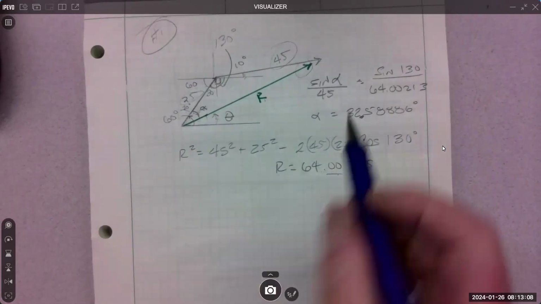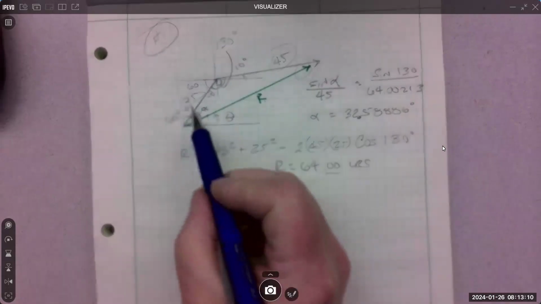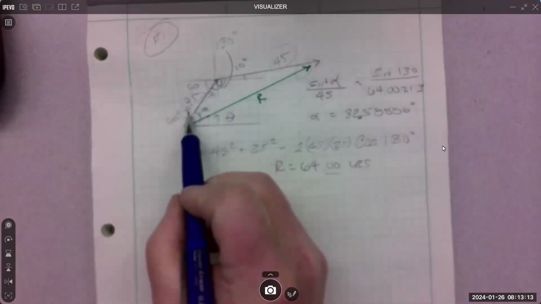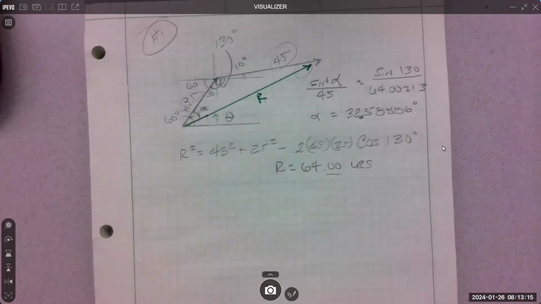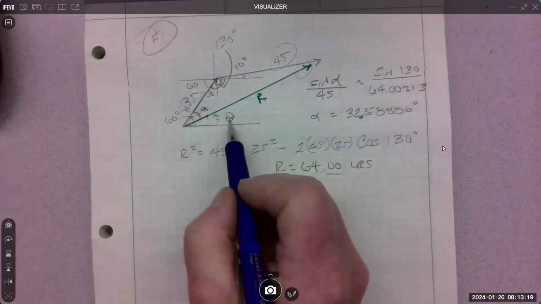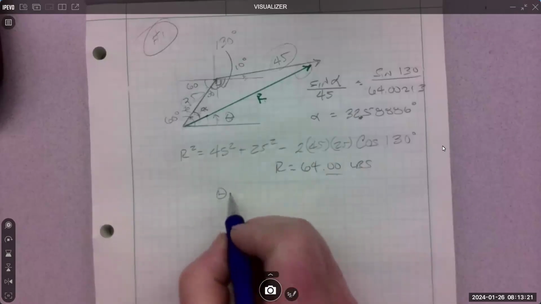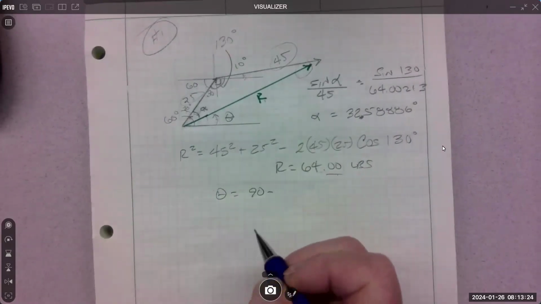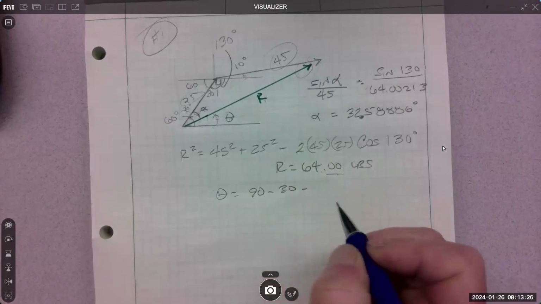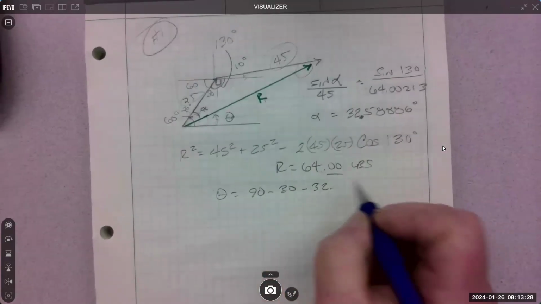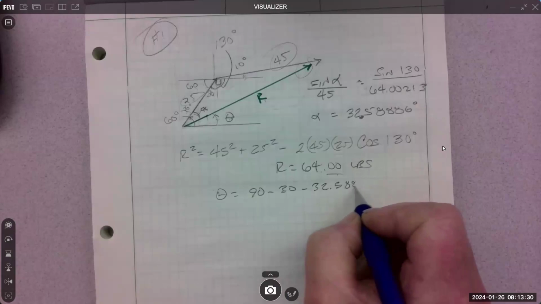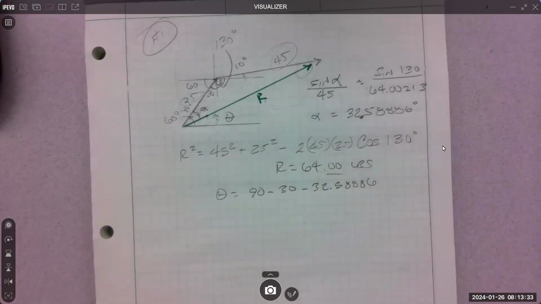So now this plus this 30 subtracted from 90 gives me theta. Theta is going to equal 90 minus 30 minus 32.5886, which is 27.41.